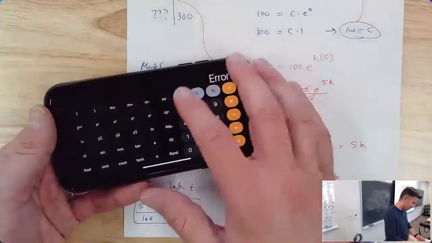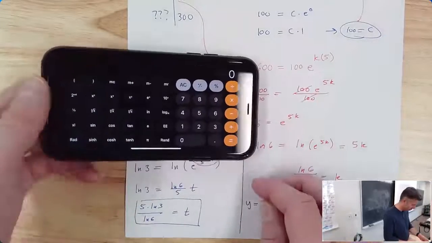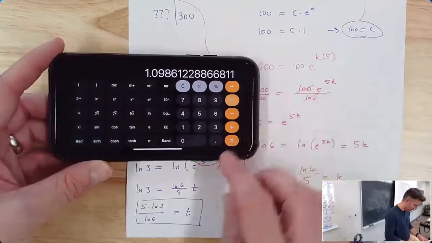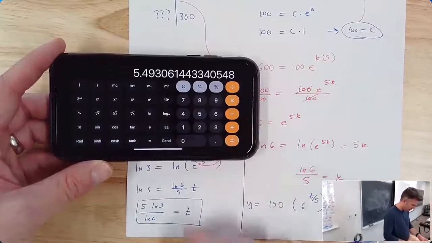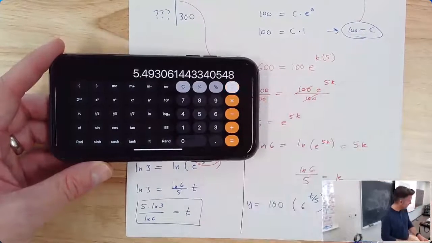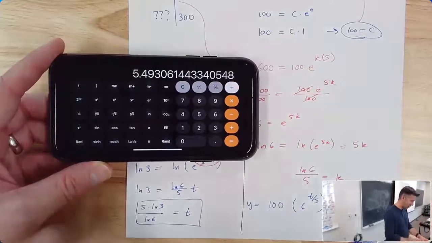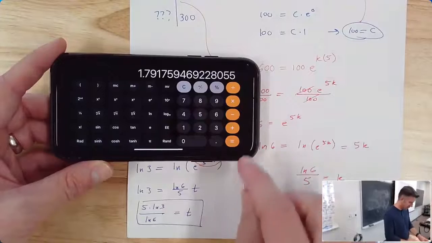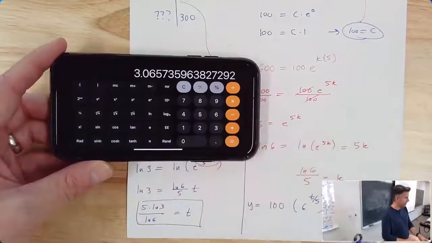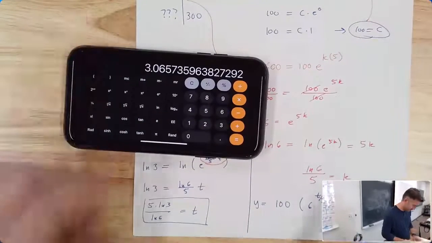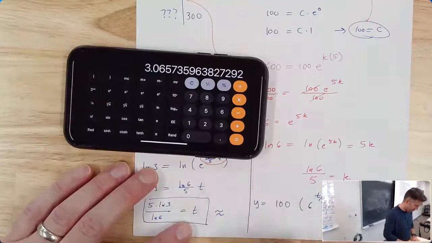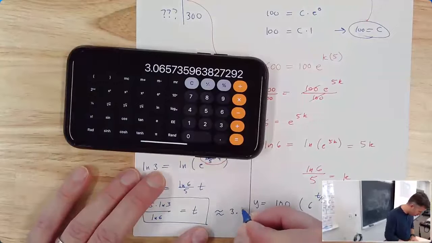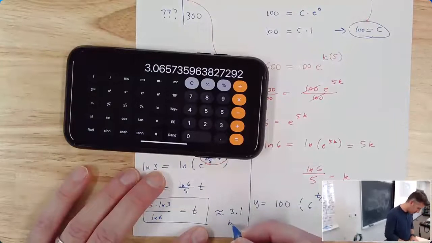On your phone, for a logarithm, you have to enter the 3 first, then take the natural log of it, multiply it by 5, and then divide by, and here's where things get tricky, you have to use 6 and then the natural log. So there's the natural log of 6, and now I'm dividing by it to get about 3.06. My answer should be rounded to the first decimal place, about 3.1 hours.